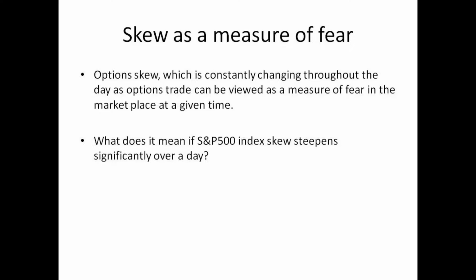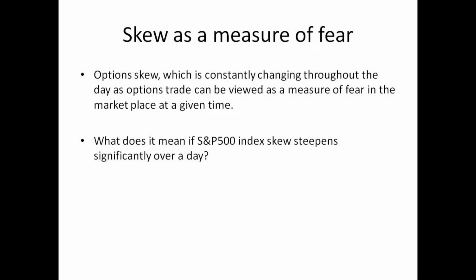Because if we think about the option skew relating to an implied distribution of returns, essentially when the skew steepens, what that's really telling you is that traders in the market think that a tail event is more likely now than it was before the skew steepened. So in our question here, it says, what does it mean if the S&P 500 index skew steepens significantly over a day?